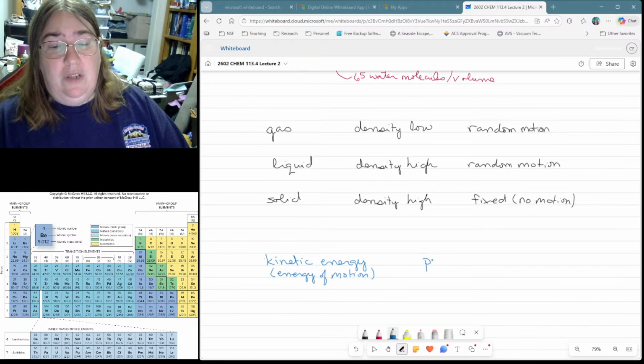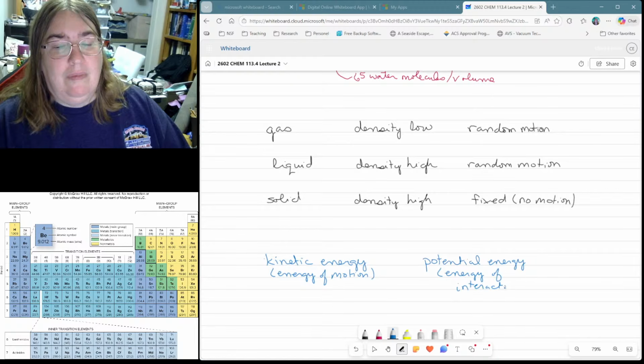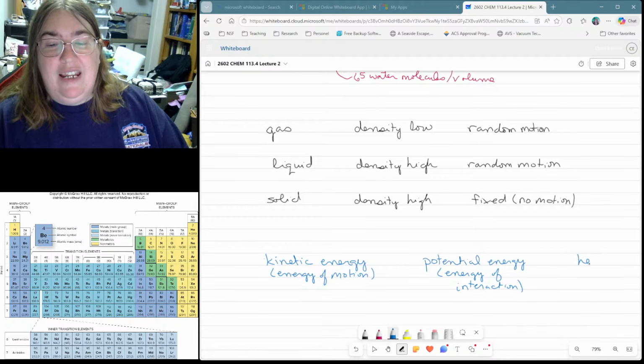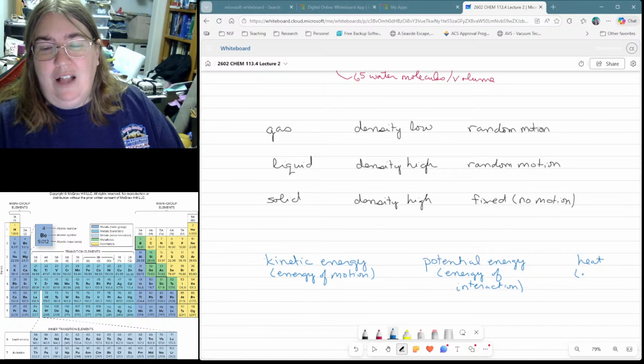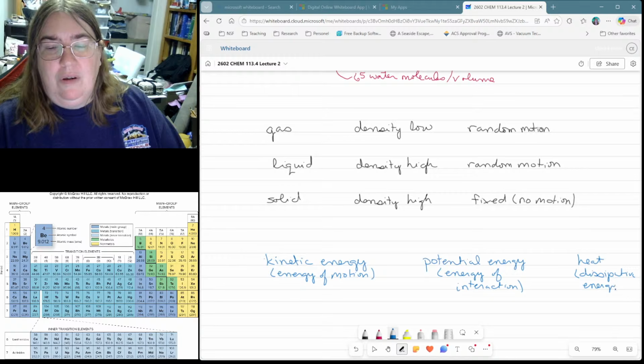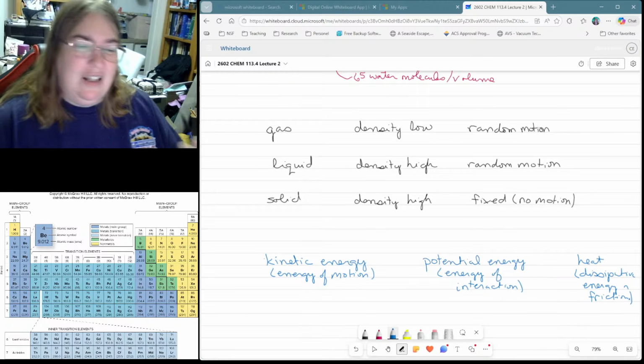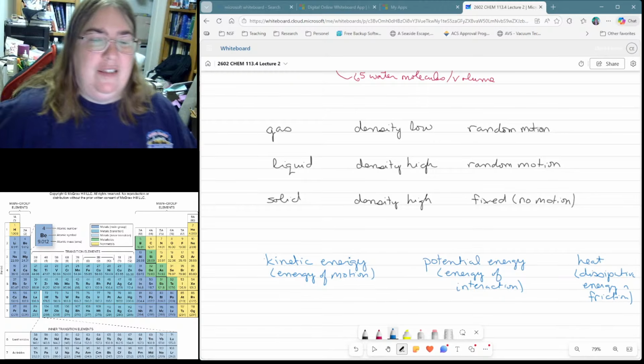We can have potential energy. This is the energy of interaction. And we can have heat. And this is, I'm going to call it dissipative energy or friction, because you guys kind of have a concept of friction, so we'll call it that.